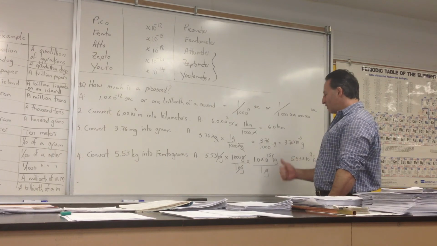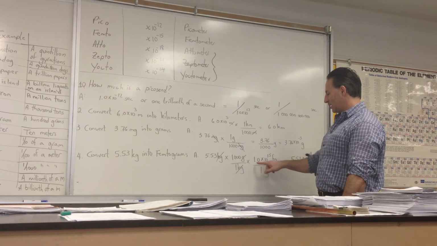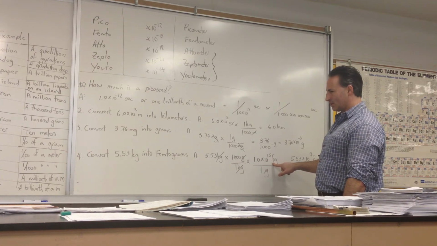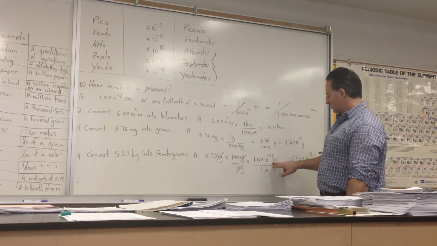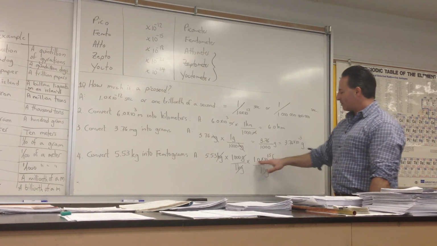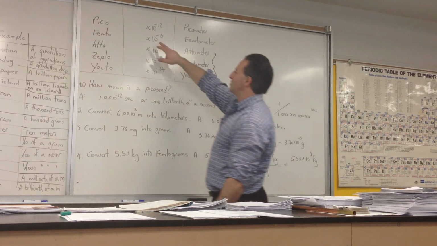And then you reconvert back to femtograms by multiplying by, I think I have to double check whether F is the correct prefix. Okay, yeah, it is the correct prefix for femtogram. So you would multiply then by 1.0 times 10 to the 15th, because a femtogram is times 10 to the minus 15.